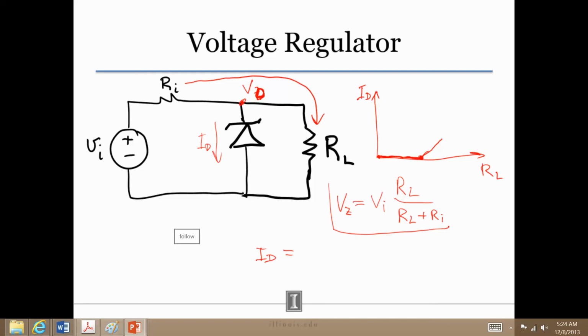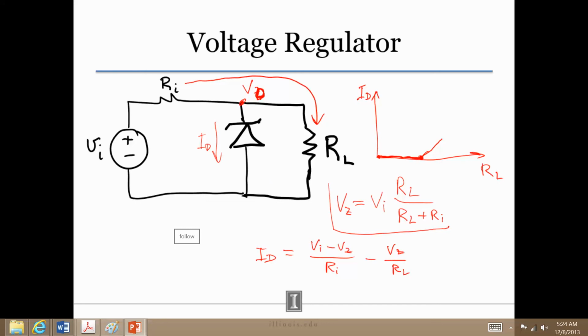We can write that I diode is again VI minus V Zener divided by RI minus the current across the load resistor, which is just V Zener divided by RL.